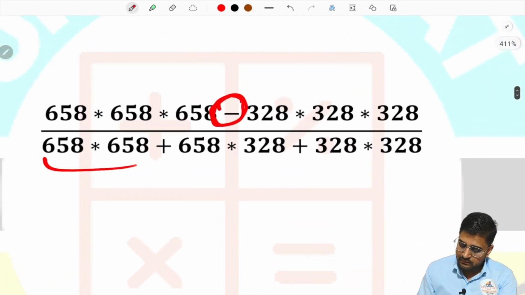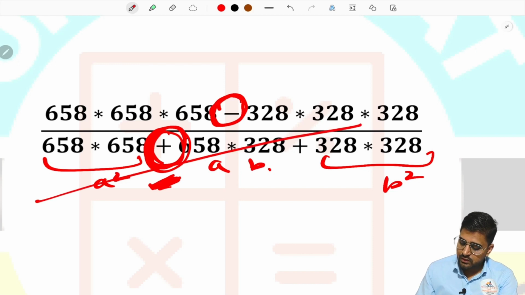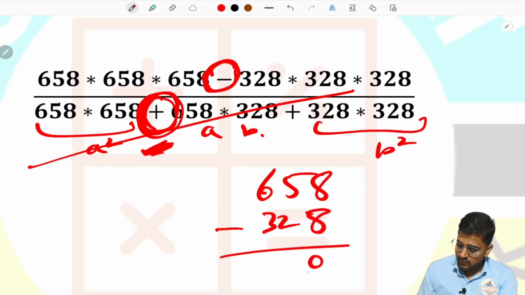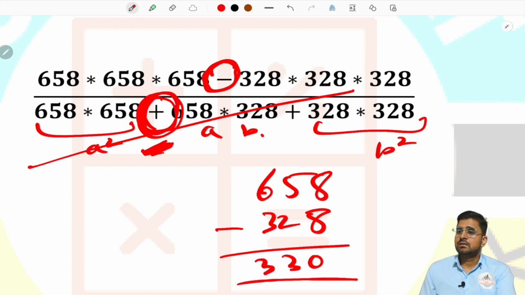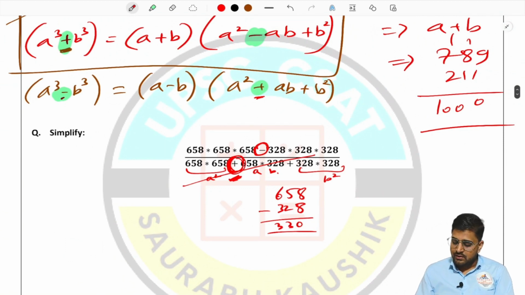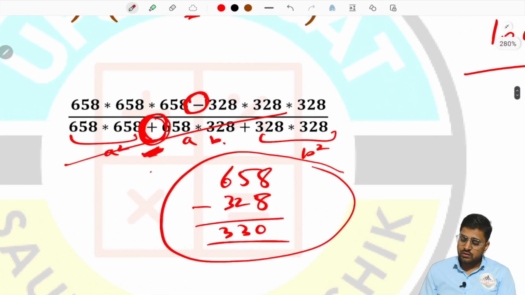I go directly, it's a square, it's a b square, and in this case this is positive, this is what I want, and it's a and b, so this is going to be cut fully, and what we need is 658, sign is minus 328, we have 330 as an answer. So this is how we calculate fast. In actual examination, you have to do this much only. Nothing more, nothing less.